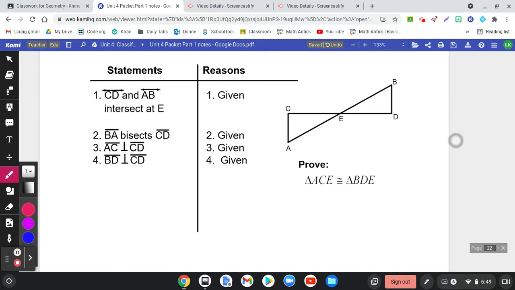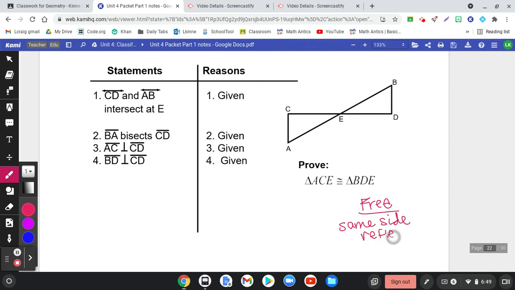All right, so let's get started. I put all the givens in here for you. Remember your free items. If you have the same side that's shared, which we don't in this, that's your reflexive property.